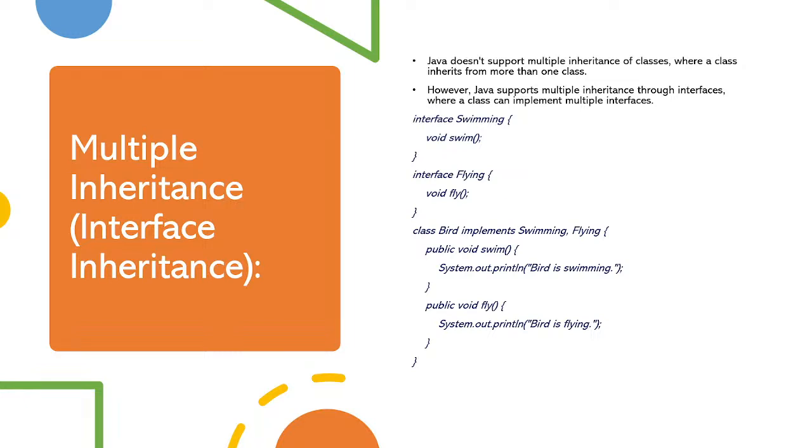For example, you take interface Swimming with void swim, and interface Flying with void fly. Now, class Bird implements Swimming and Flying. In multiple inheritance, we need to inherit two or more classes, right?